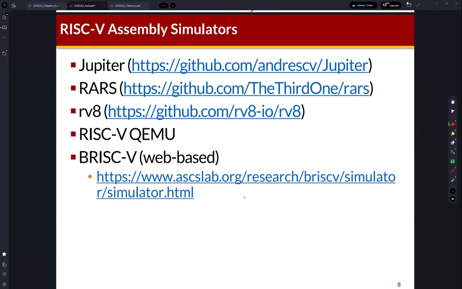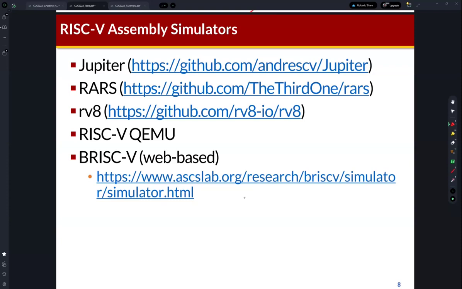So academia can develop any simulator, and those simulators are open source software.